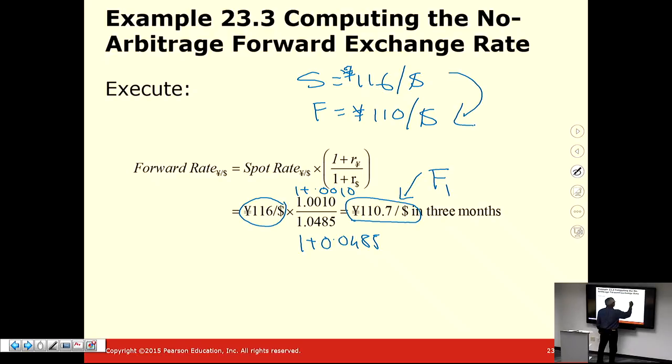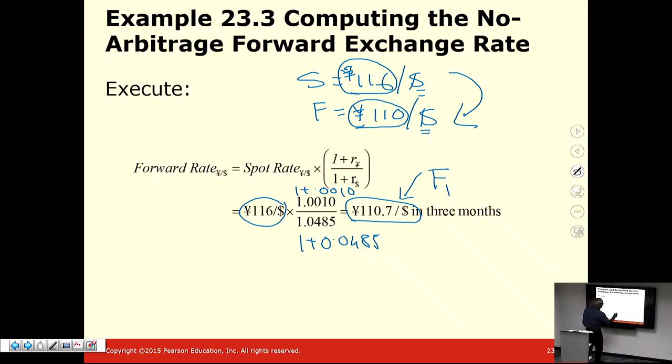So the value of dollar has gone down. Each dollar is buying fewer yens in the forward market than it is buying in the spot market. So the value of dollar has gone down, or the value of the yen has gone up.